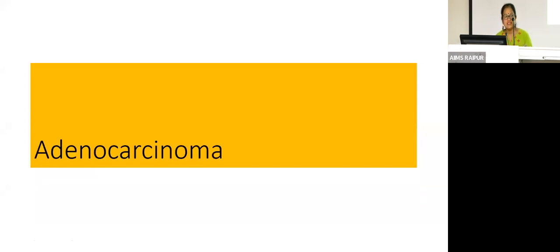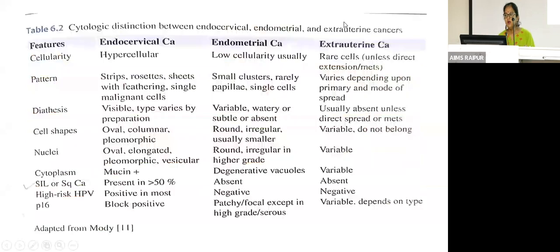Then we come to the last category, which is adenocarcinomas. Now, important subgroups in adenocarcinoma are endocervical adenocarcinoma, endometrial adenocarcinoma, extrauterine adenocarcinoma, where you can identify a site, ovarian, fallopian tube, rectal, etc. And then others where you cannot put it into any category, which is NOS.